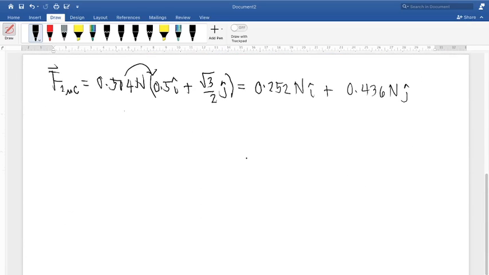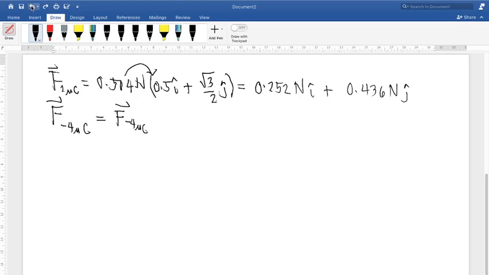Now how about for the force exerted by the negative 4 microcoulomb charge? So just like what we did, we can express this one as unit vectors. So F of negative 4 microcoulomb, this is not the magnitude, so can I erase this one?